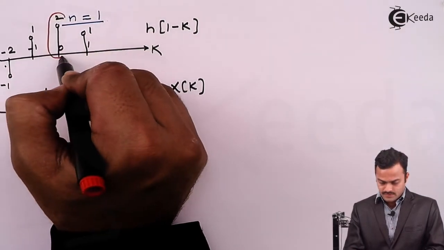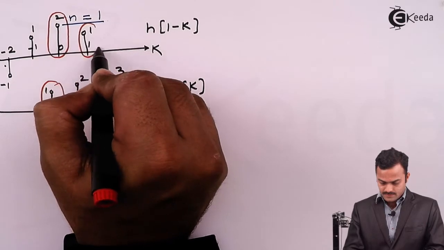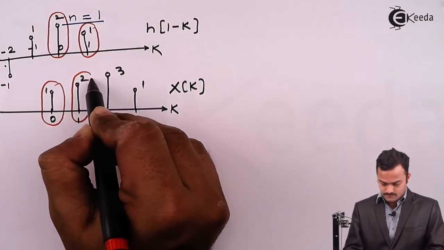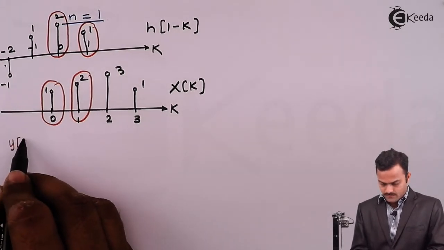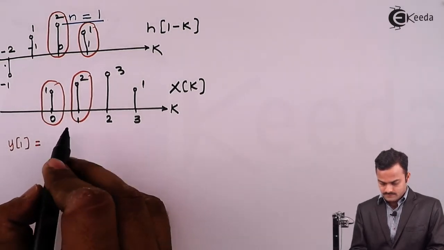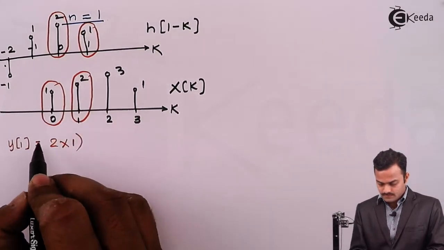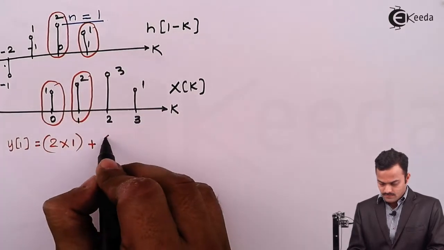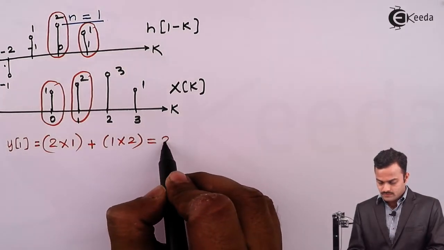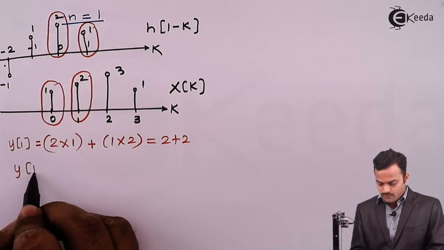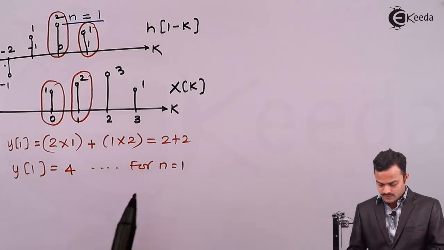So this is a sample which is common, plus this is a sample. So now I can say y of 1 equals, straight away I will write the value 2 getting multiplied with the 1 plus 1 getting multiplied with the 2, and if you solve you will get 2 plus 2. So y of 1 I am getting as 4 for n equal to 1.